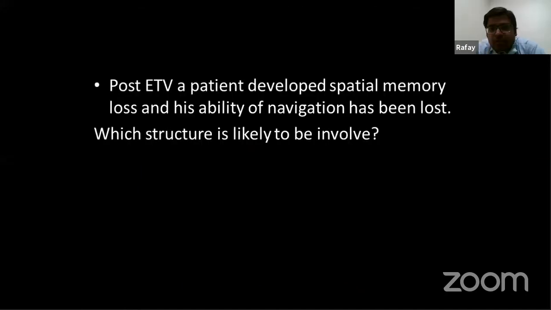Now, a question: post ETV, a patient developed spatial memory loss, and his ability to navigate has been lost. What is the most likely structure involved? Can anyone answer?